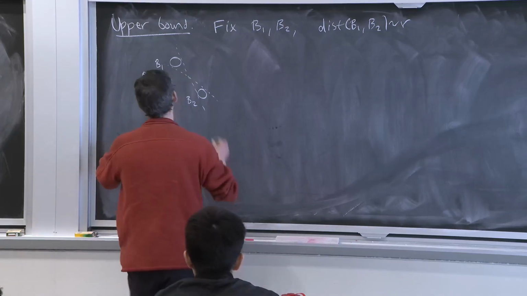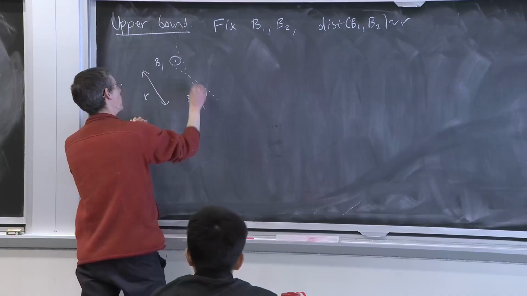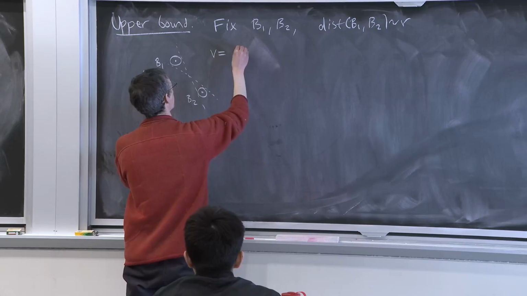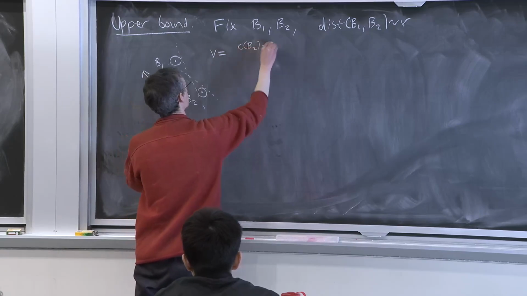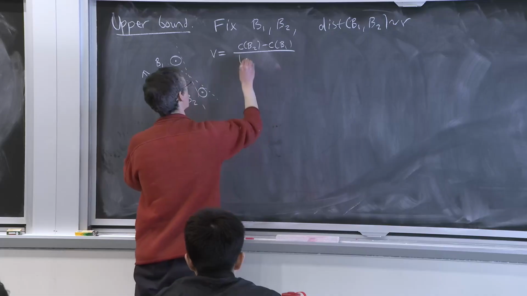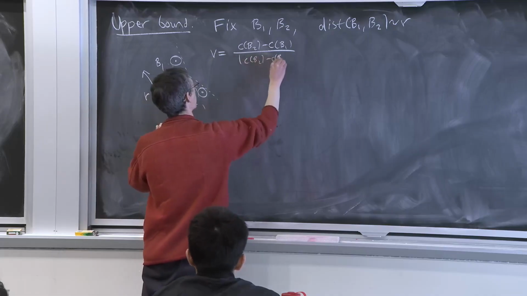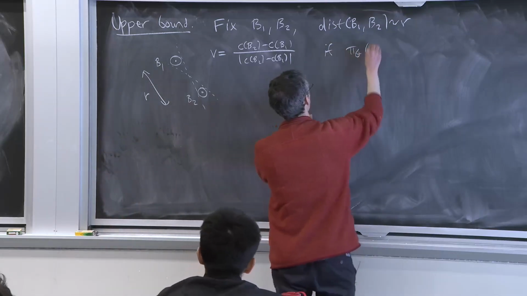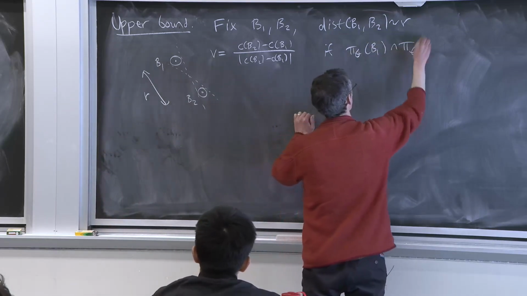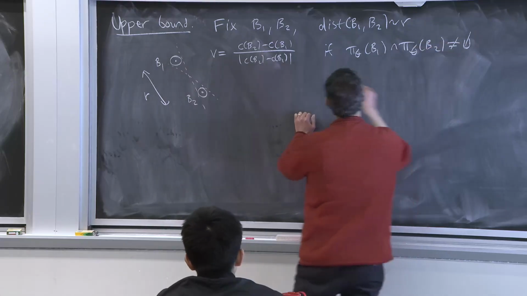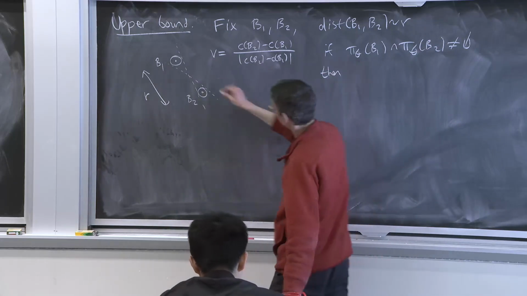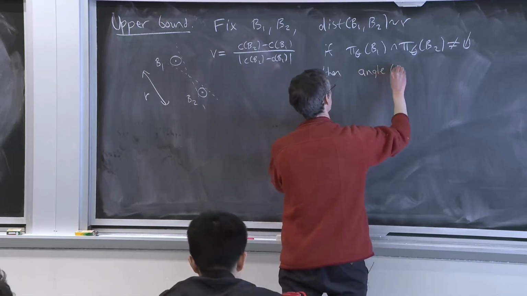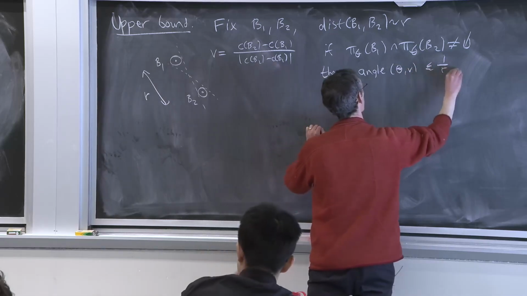So let's say that V is the direction from B1 to B2. So V is the center of B2 minus the center of B1, over the norm of that. And if pi theta of B1 intersect pi theta of B2 is not empty, then theta must be pretty close to V. What I'll say is that the angle between theta and V is smaller than around 1 over r.